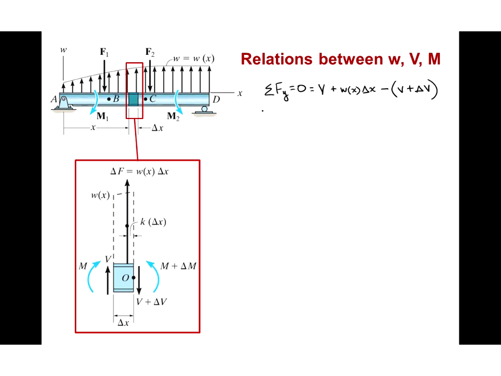In other words, we can move the delta V to the other side, and we have delta V equals w of x delta x.